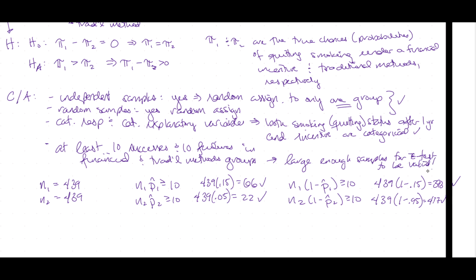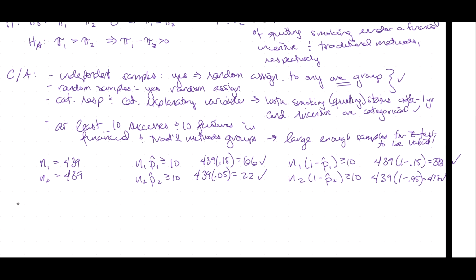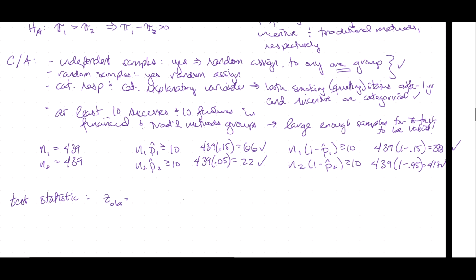We've identified our hypotheses, we've defined our parameters and context, and we've also gone through and checked our conditions in order to make sure that this theoretical test is going to be valid. The next thing we need to do is identify our test statistic and p-value. Because this is a z-test, our test statistic, z-obs, is going to be the same form as every other z-test statistic that we have seen.